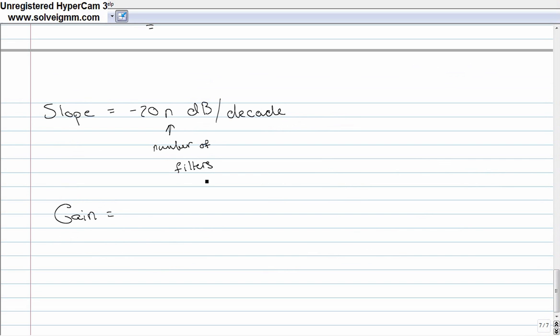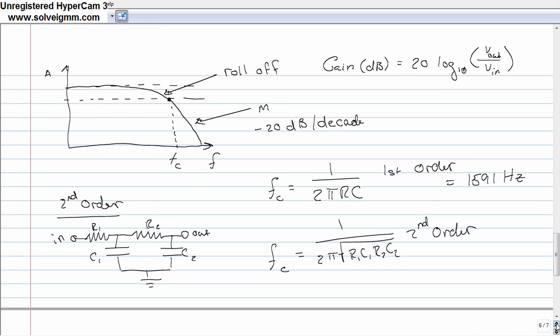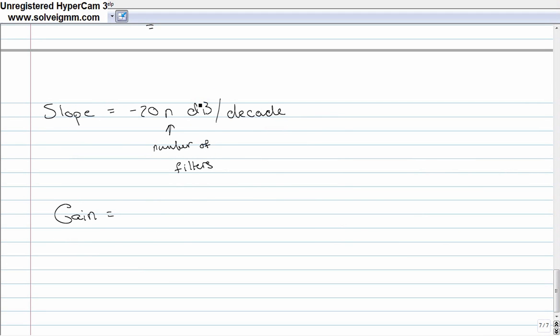You just put it into this equation up here. You're just going to plug it in for V out over V in. The gain at FC that the constant slope begins at is given by 1 over the square root of 2 to the n. Remember, n is the number of filters.